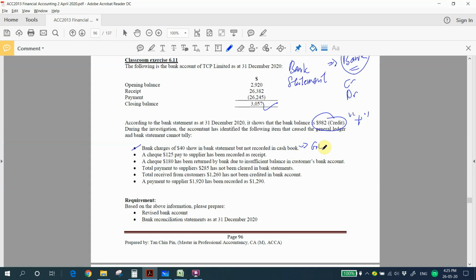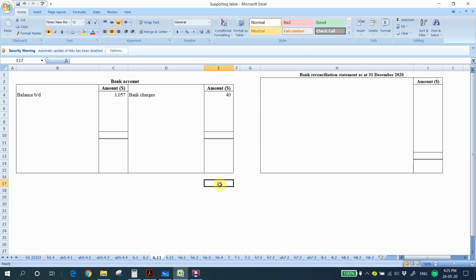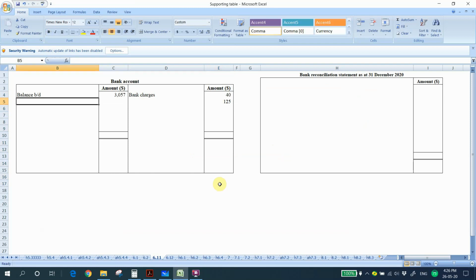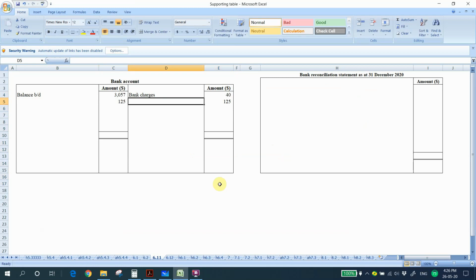Next, a check of 125 paid to a supplier has been recorded as received. It means that there is one entry which we have to record as 125 in your credit, but we accidentally recorded it as 125 on the debit.